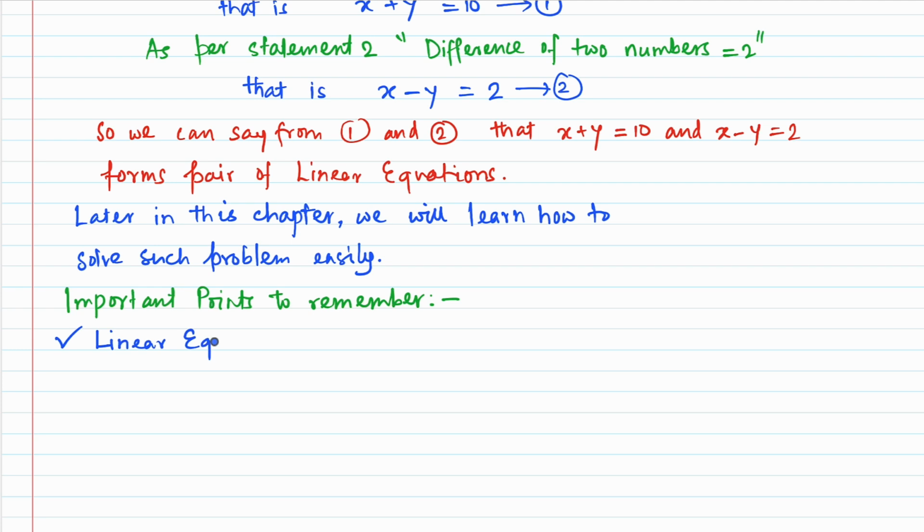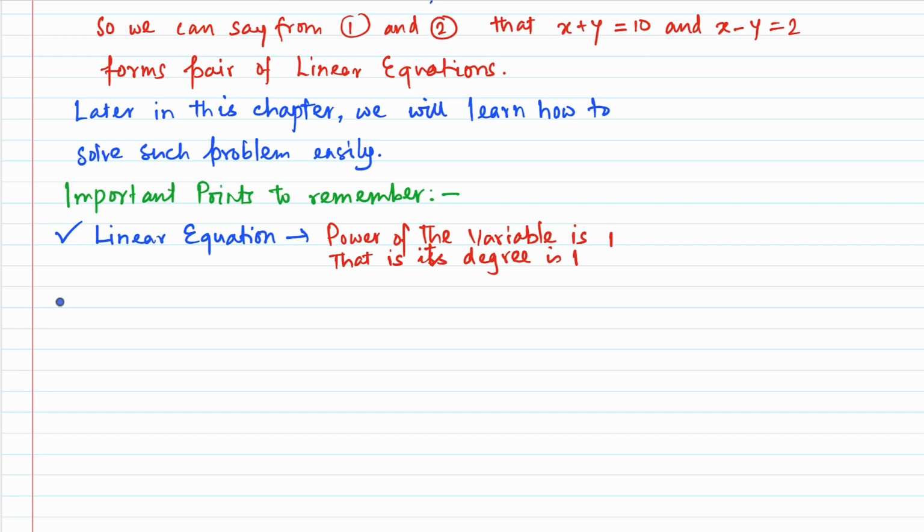So what is a linear equation? When the power of the variable is 1, that is, its degree is 1, it is called a linear equation. Now, what is the two-variable concept? Usually x and y.